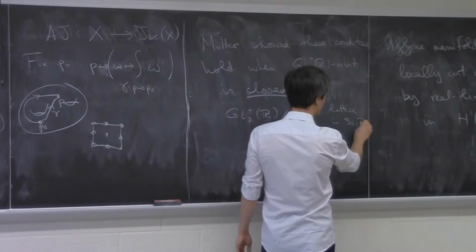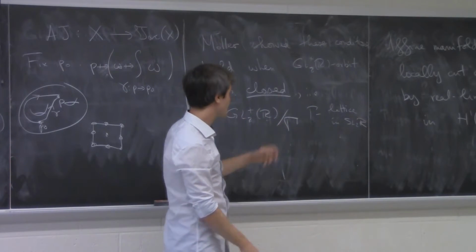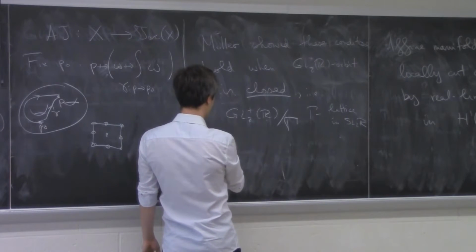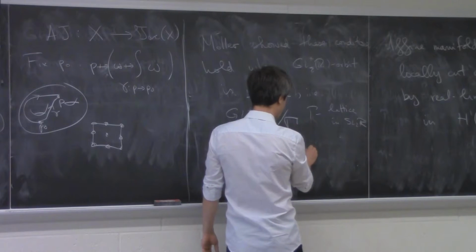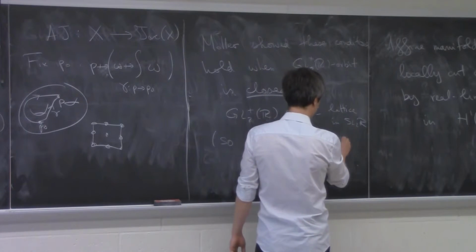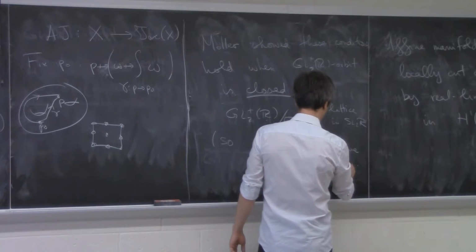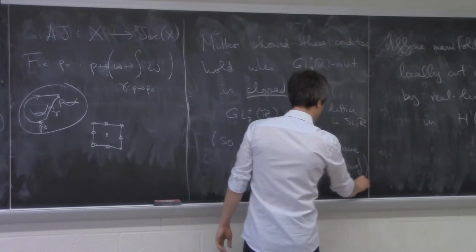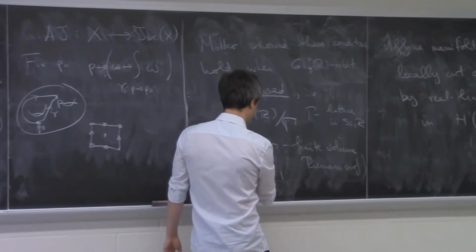There's always this scaling, which is a little bit annoying, but basically you get a finite volume Riemann surface. So H mod gamma is a finite volume Riemann surface. So in particular, an algebraic curve.